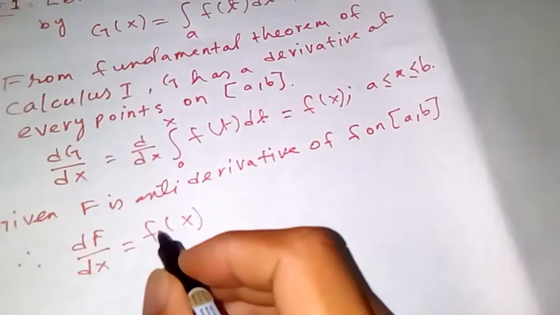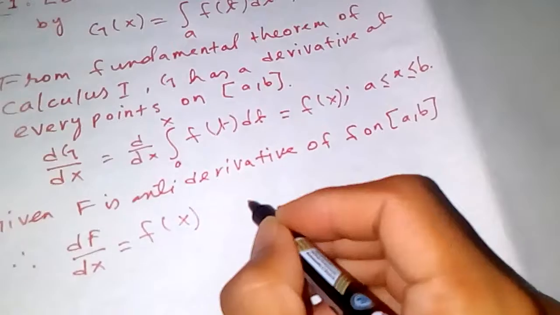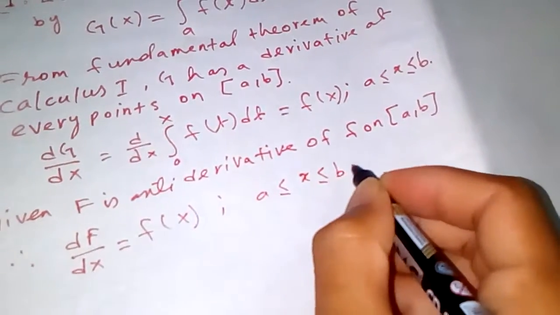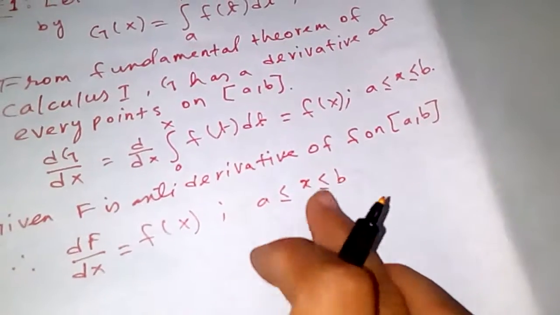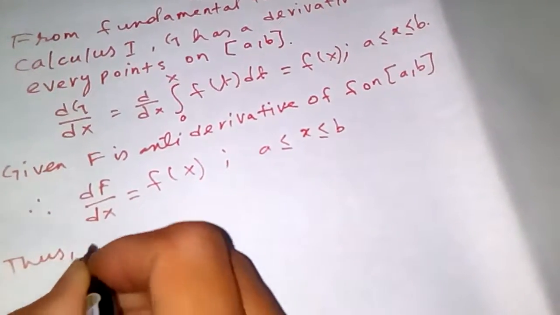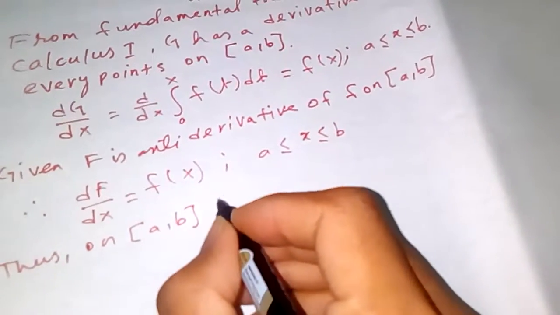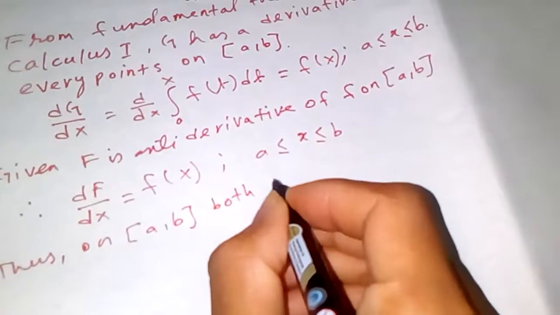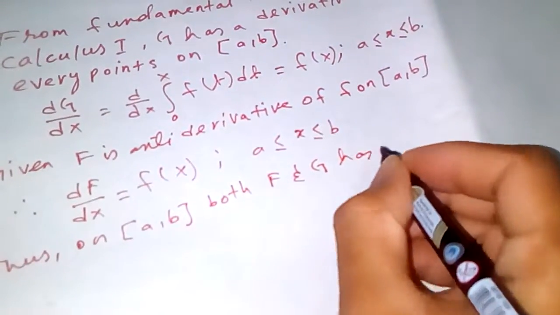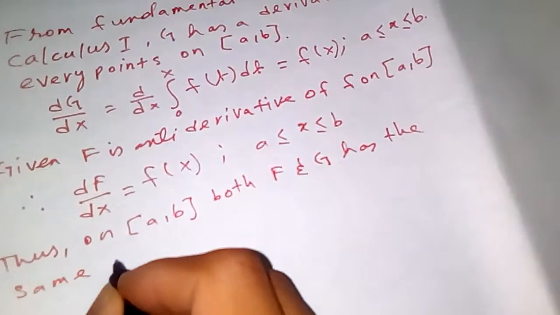If you take the integral, then you get a different antiderivative, where x is between a and b. Thus, on the closed interval [a, b], both F and g have the same derivative.